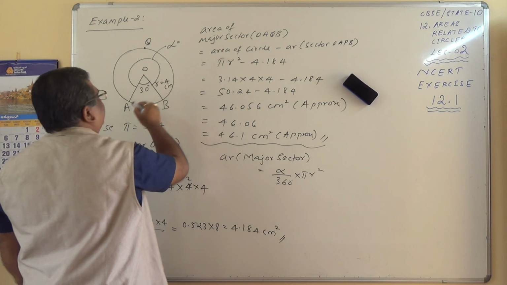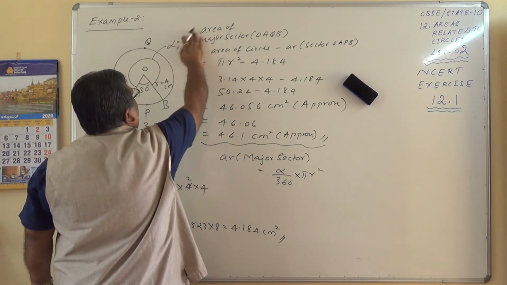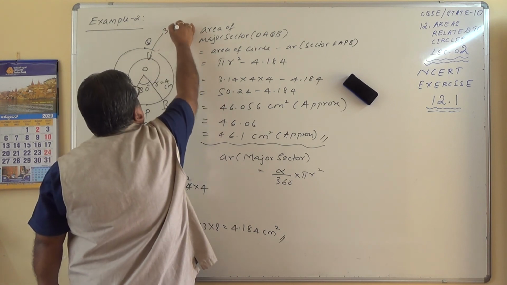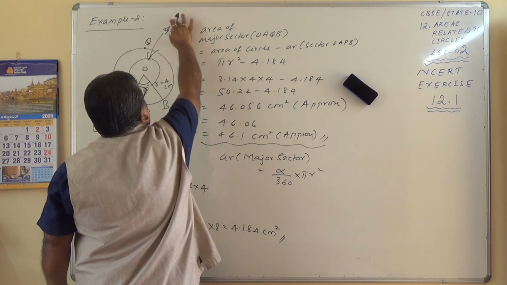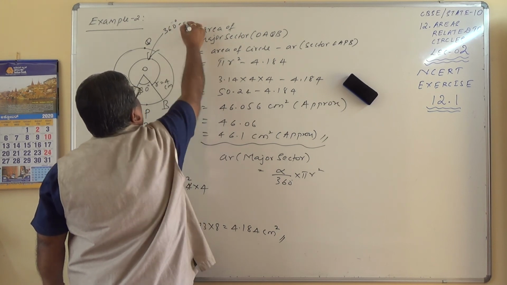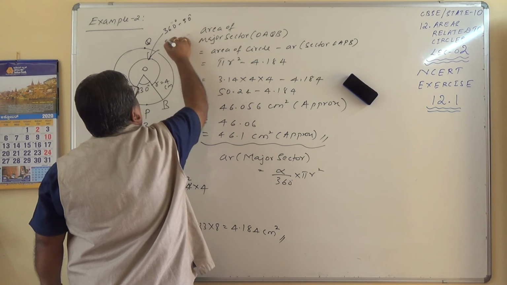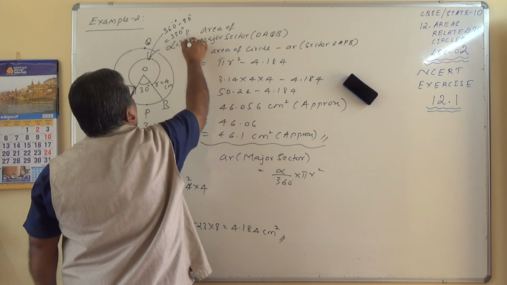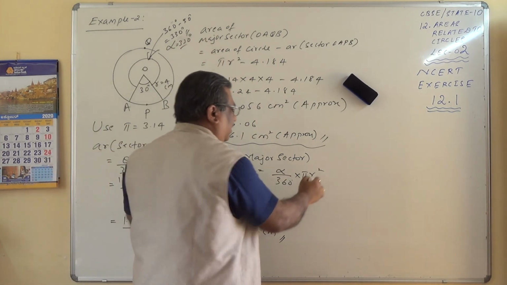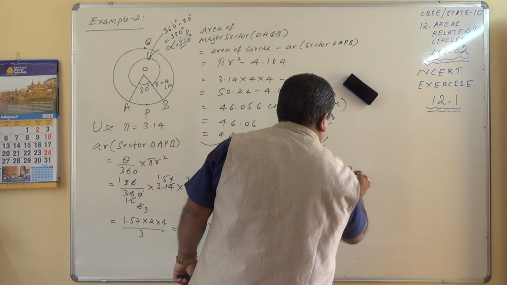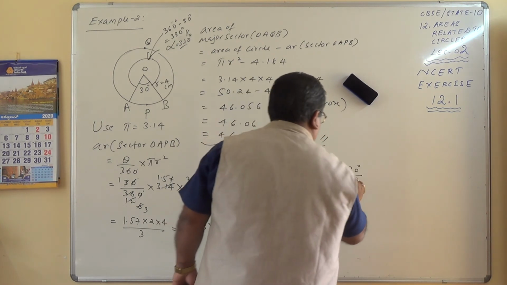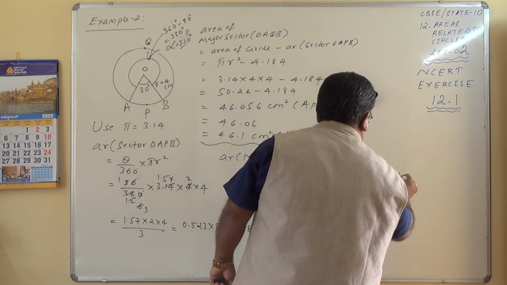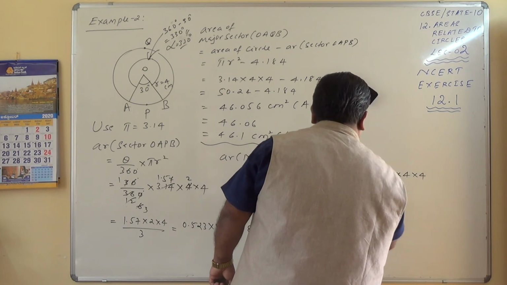This alpha is equal to 360 degrees minus 30 degrees, which is equal to 330 degrees. So alpha equals 330 degrees. So you can take that also: 330 degrees divided by 360 into pi r square, that is 3.14 into 4 into 4.